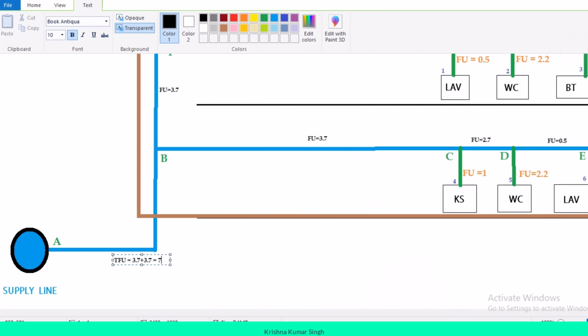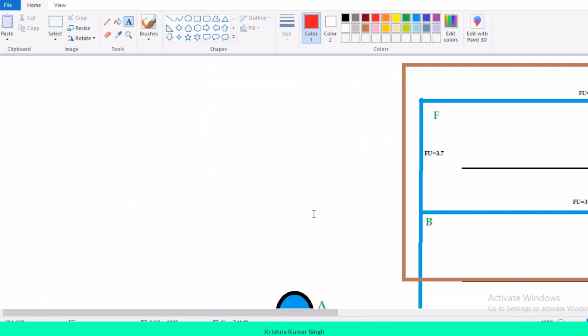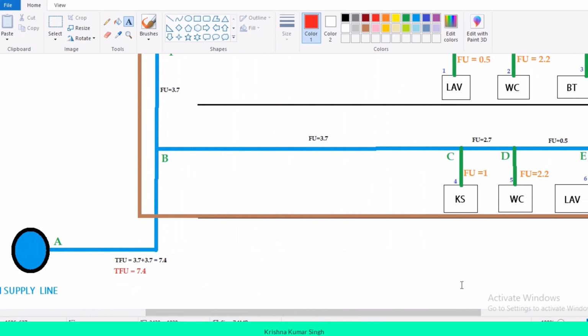I will write over here 7.4. Let me write it again with a big font, 7.4, so that it will be easy for you. All right, so I will provide you this sheet. The next step is converting all these fixture units into GPMs. So I will teach you in the next video, which is the next step.